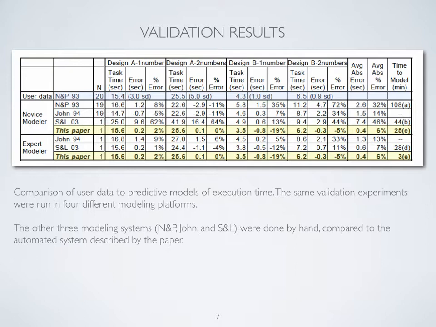And as you can see, the numbers are extremely close between the actual user data and the numbers from this paper. And another note is that the other 3 modeling systems were not automated, and even so, they're compared to this paper's automated system.